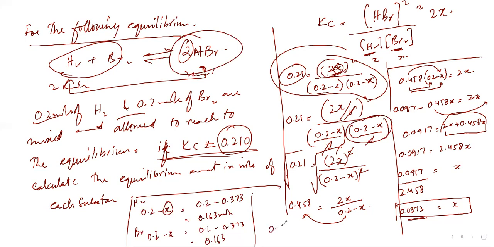So 0.033 times 2 becomes 0.066 moles of this. So I have got individual moles at the time of equilibrium for each of the material that I'm using in this. Is that making sense? I hope so.